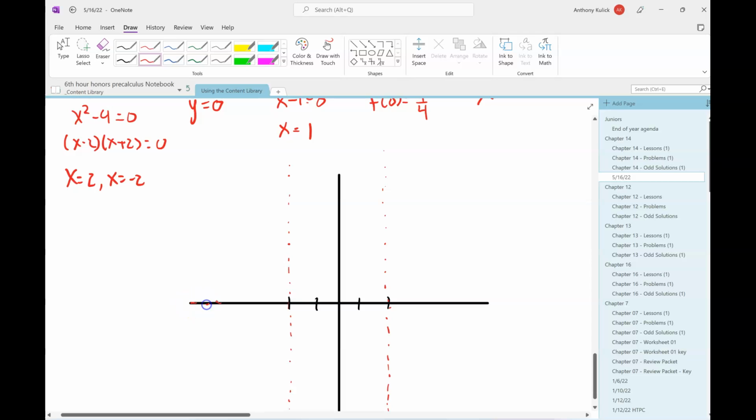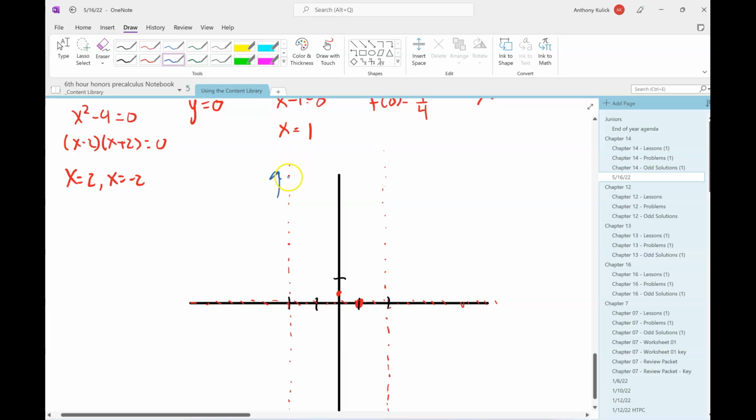Okay, and then we have that. So far, so good. All right, I have a 0 there at 1, and I have a y-intercept at 1/4. I've drawn in all my key features now that I have, right? Everybody agree?